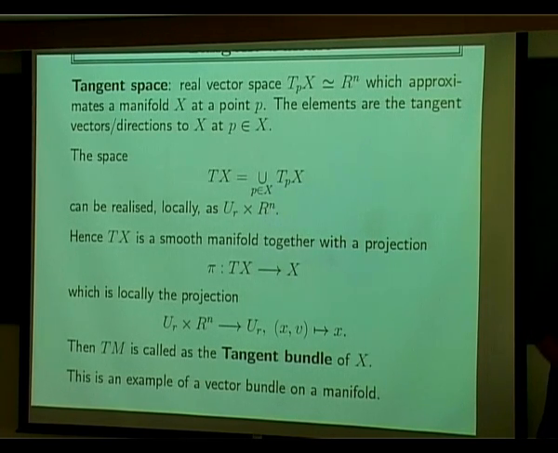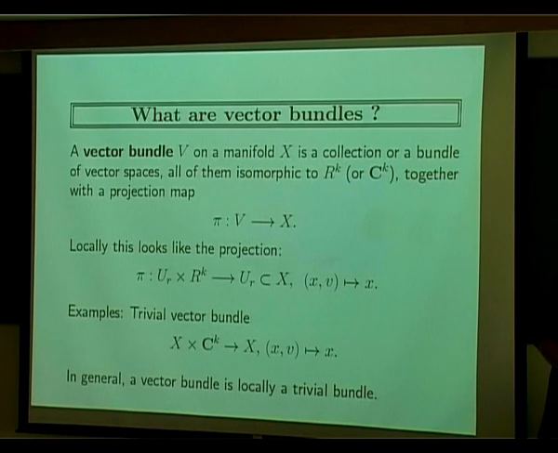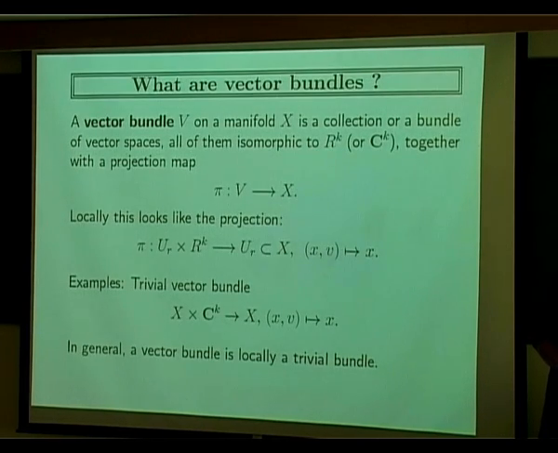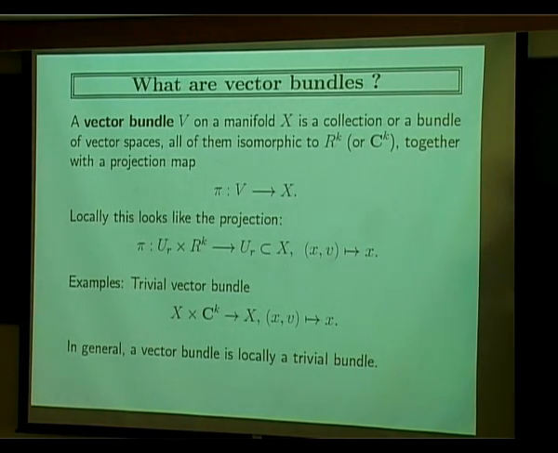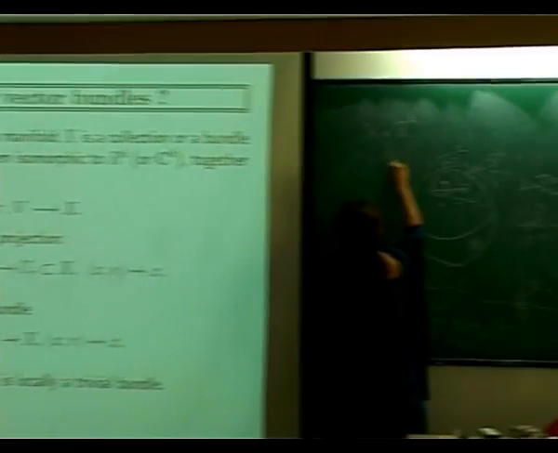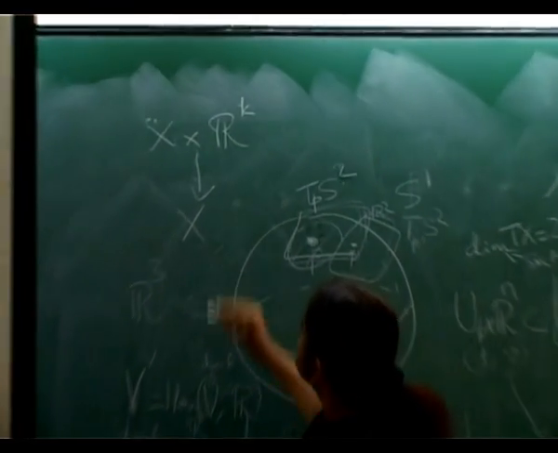So one can put it in a more formal way, and instead of your tangent spaces you can just start with any vector space, right? You have several vector spaces. For example, I can take any vector space R^k, take its product with X, and consider the first projection.